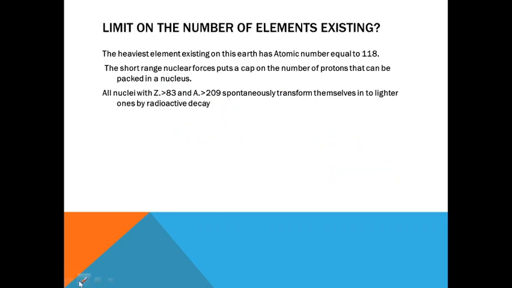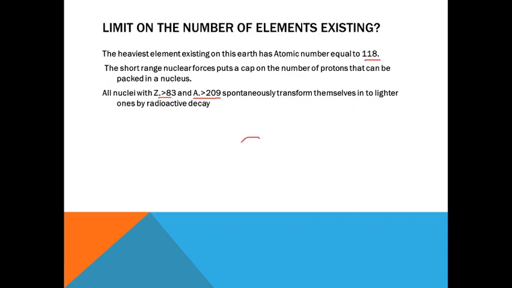The other question which also is answered is, why should there be a limit on number of elements? You know, the highest element which is found, atomic number, is 118. So why don't you have 120, 140, 150, 170, 200, 2000, things like that? The reason is simple.